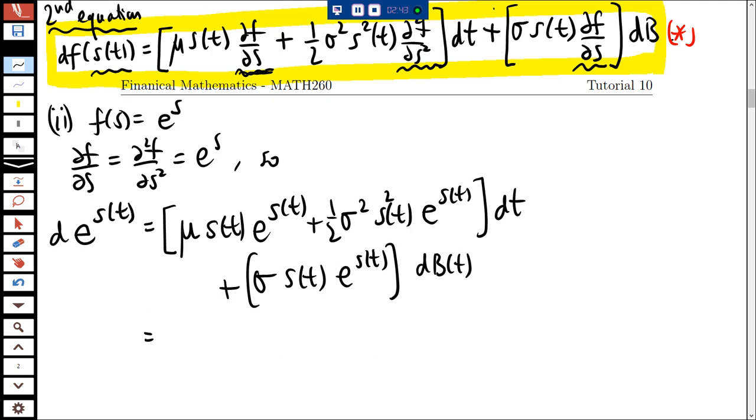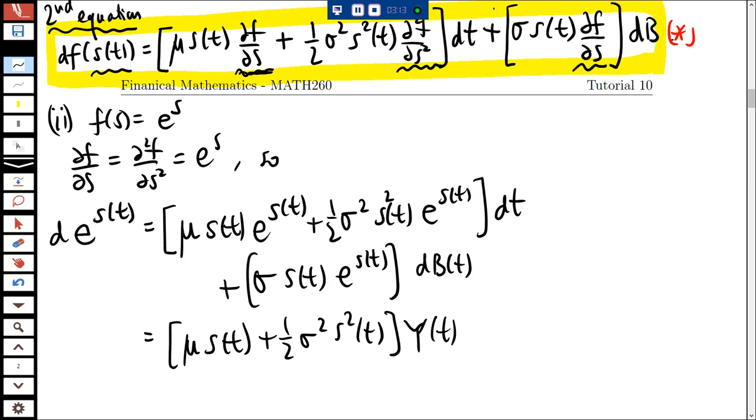And I'm going to factorize the e to the st's, which are just y. So actually we have the following: mu st plus 1/2 of sigma squared s squared t times e to the st, which is y, plus sigma st y times dB.